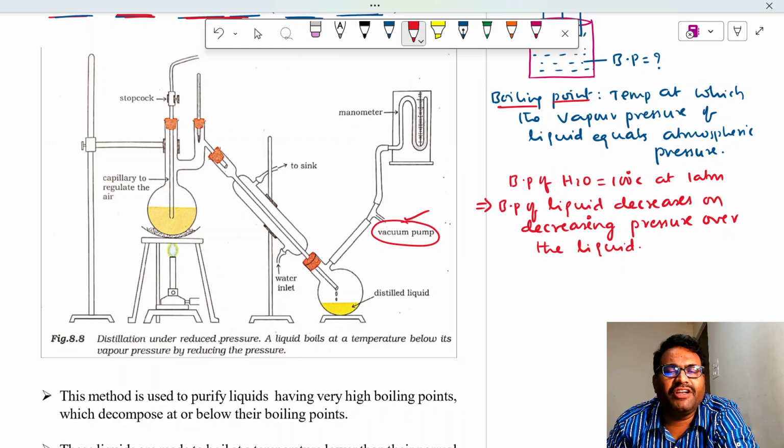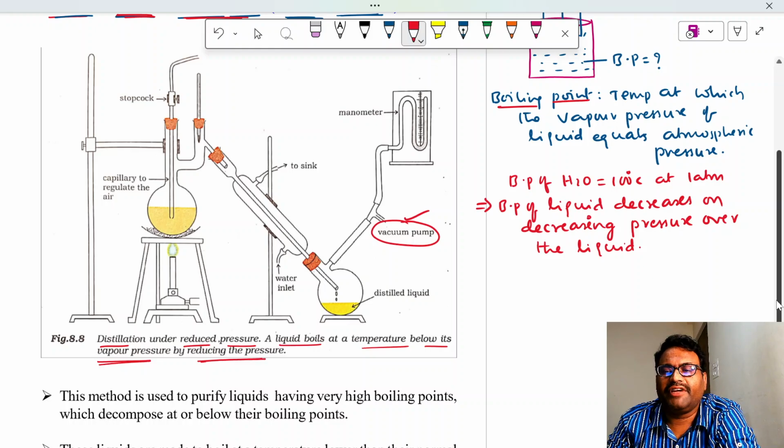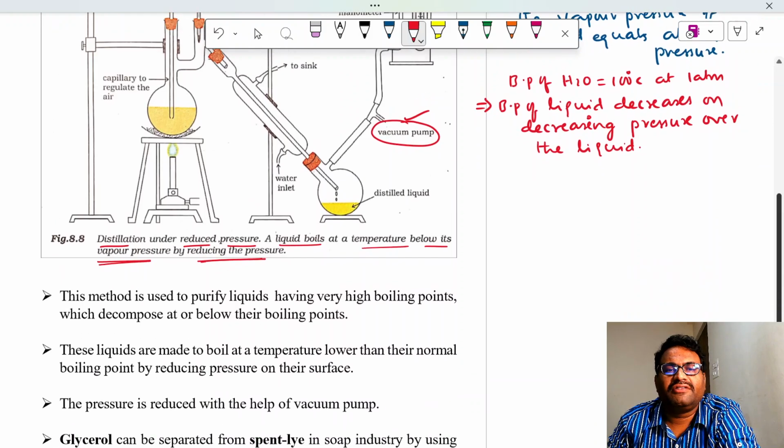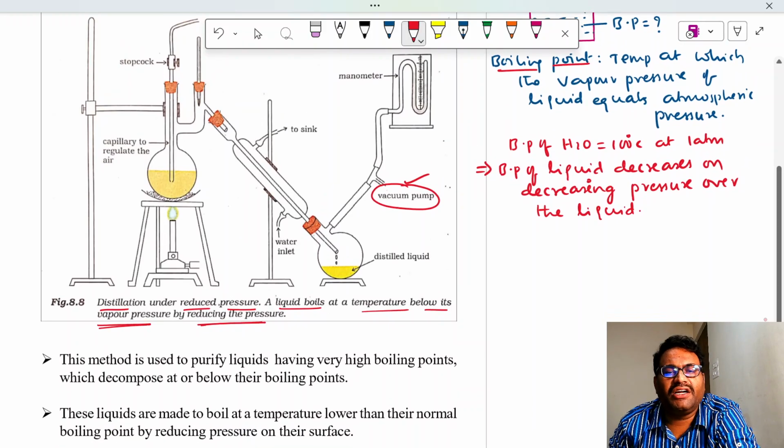So which type of liquids are purified or separated by using this vacuum distillation? Distillation under reduced pressure. A liquid boils at a temperature below its boiling point by reducing the pressure. By reducing the pressure, the liquid will boil at a lower temperature than its boiling point.